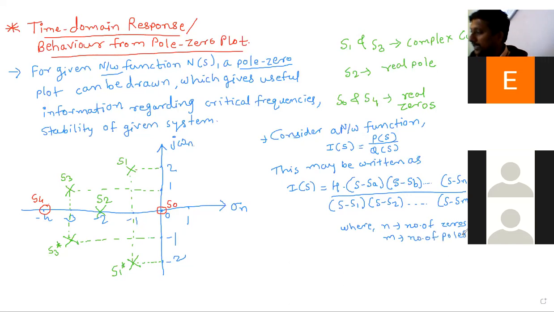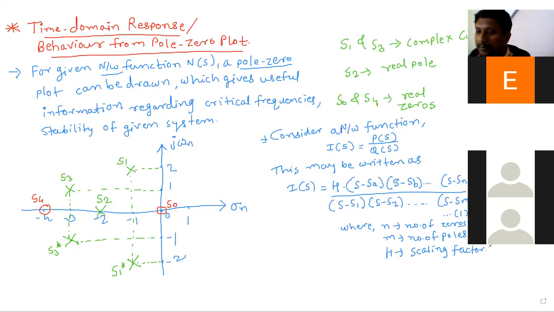This will be equation number 1. So S1, S2 up to Sm are the poles, and SA, SB, Sn are the zeros. And H is the scale factor, or scaling factor.